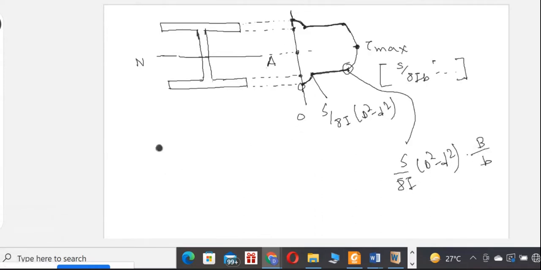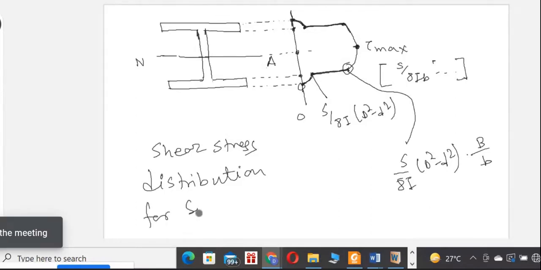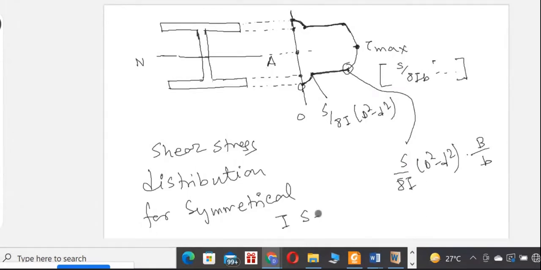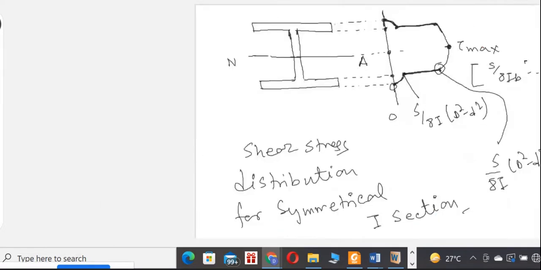So this is the shear stress distribution for a symmetrical I section. Is that clear? Any doubt in the whole process?